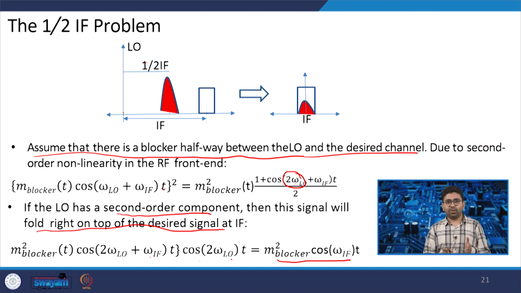If IF is lying somewhere at the desired GSM band or ISM band, then we need to be careful. We need to avoid that LO. We have already seen in the last class, in that example where we discussed the sliding IF, that there also there is a problem of the half IF.